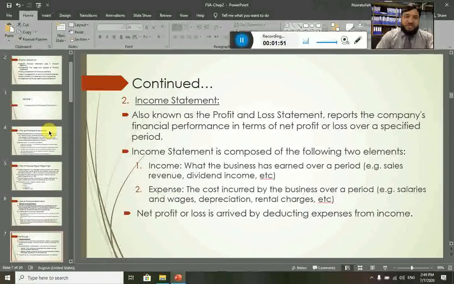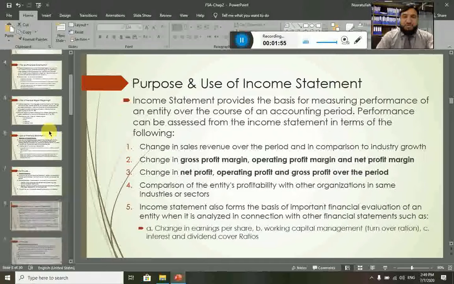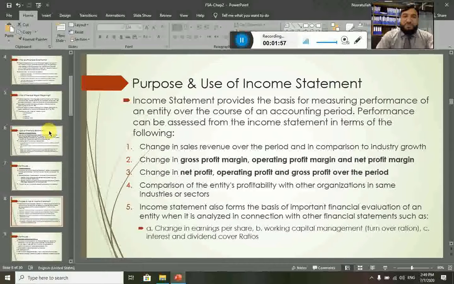And we discussed each financial statement, the components of financial statements, and the purposes and uses of the financial statements.